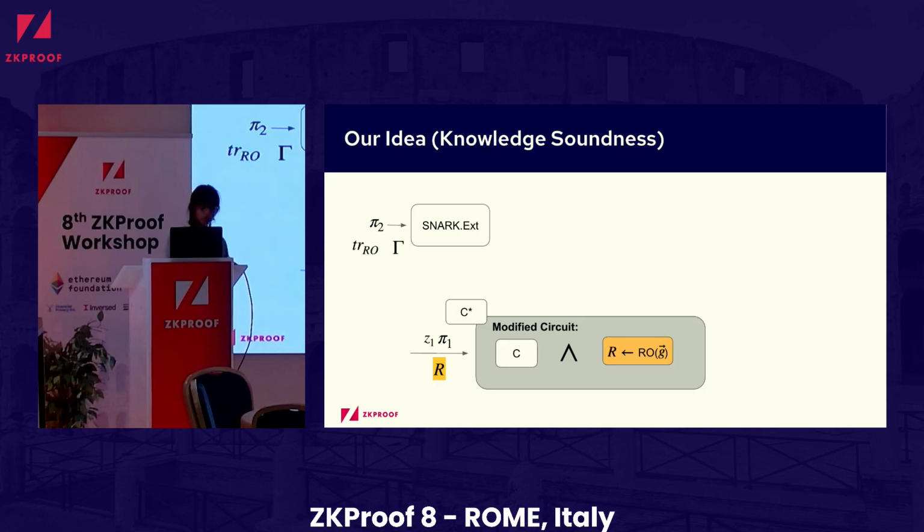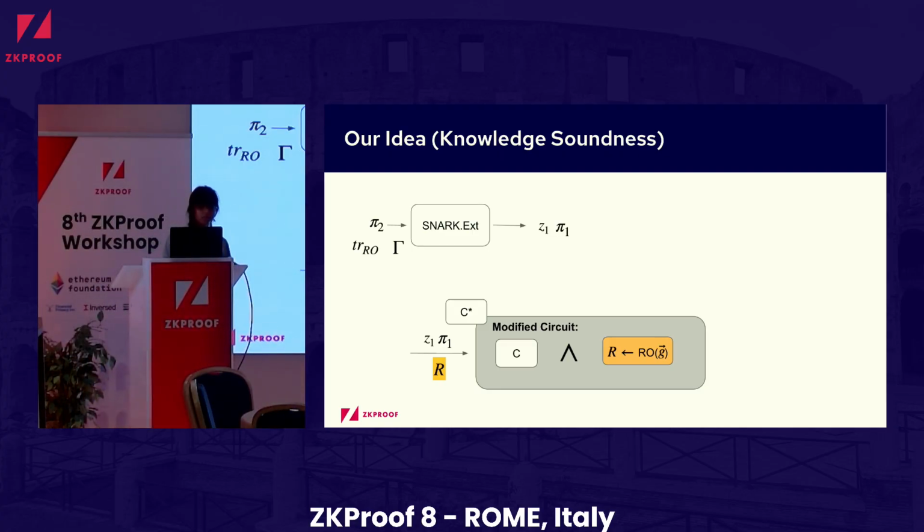And then to do the reduction, pi2 is the actual output of the composite protocol. In addition to this, we get the transcript of the random oracle, which is this TR arrow. And because it's an algebraic adversary, we also get this gamma, which will have the group representations for both pi2 and any group element that's present in TR arrow.